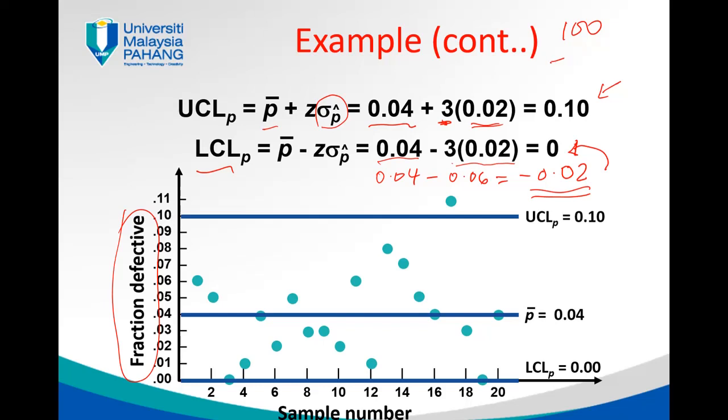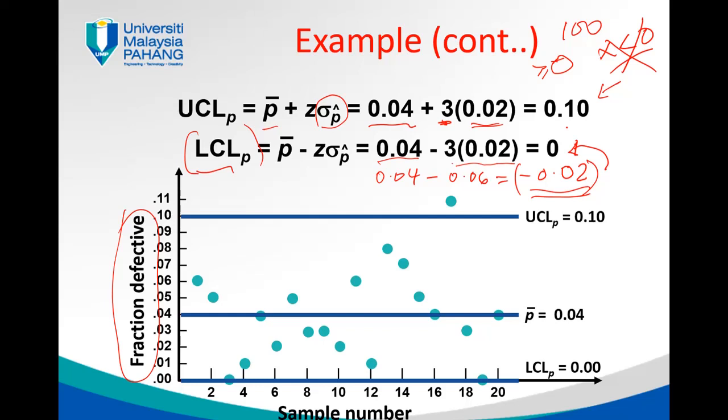The number of defects must be larger than or equal to 0. It cannot be negative, it cannot be less than 0. That's why for the lower control limit, once you calculate and get a negative value, you need to put this value as 0.